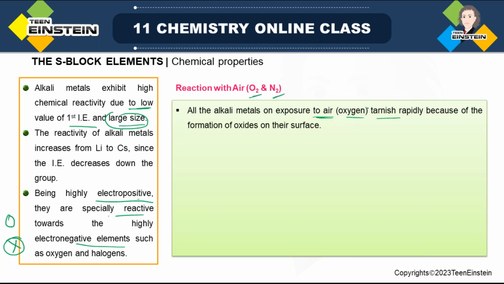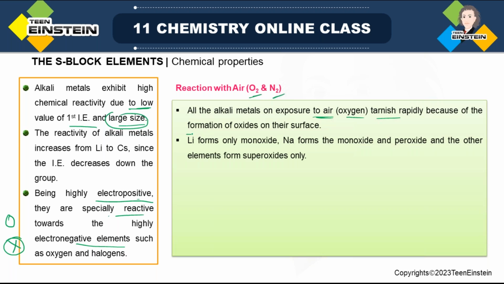It happens rapidly on the surface, because the surface atoms are mostly exposed to the air, that is oxygen. Now these oxides do not have any general formula. Depending on which alkali metal you are reacting, there are different types of oxides. So we will see one by one.